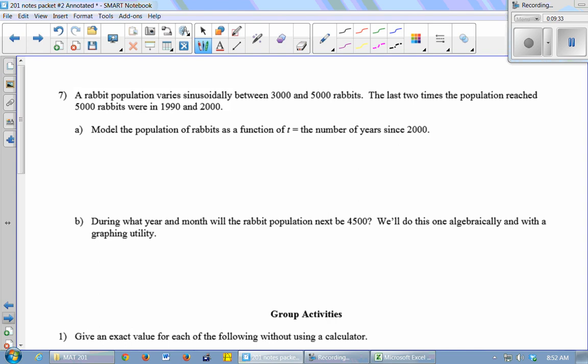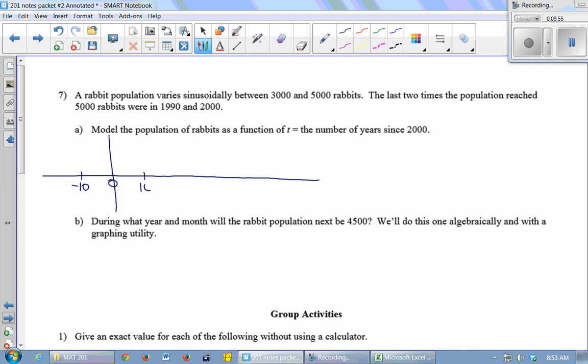So for me, I start by drawing a graph of what's happening. Then I try to write the formula. So I'm going to put some axes on here. We've got time, and we're measuring since 2000. So 0 is 2000. And I have data for 1990, so I need a -10.